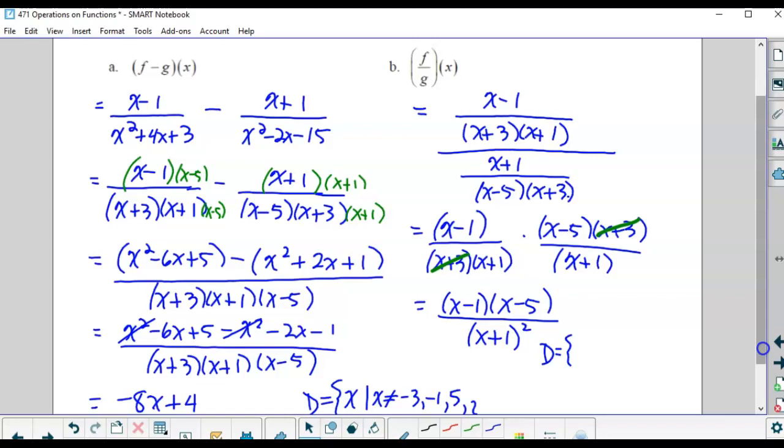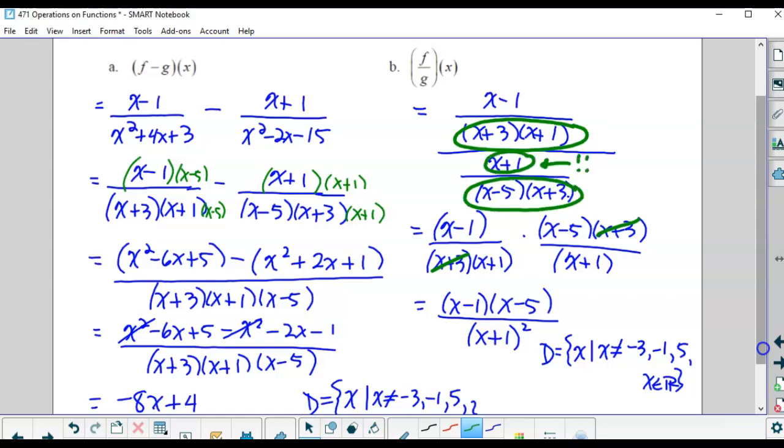Now, saying that, it's already in the denominator of the original, so it is actually going to be just the same domain. Okay, but here's where you've got to look. You've got to look at the denominator here, and also that numerator that makes g equal to 0.